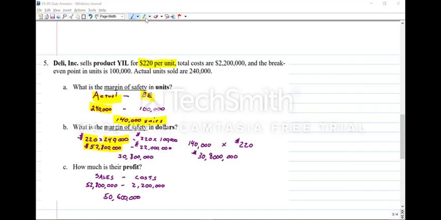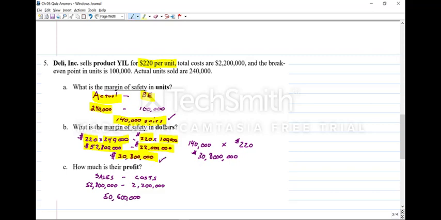If you take that same $220 selling price and multiply that by the 100,000 units that you break even at, you'll end up with your break-even sales of $22 million. And then you simply take your actual sales minus your break-even sales, and that gives you your margin of safety, but this time it is in dollars. So you've got a margin of safety of 140,000 units or $30,800,000.